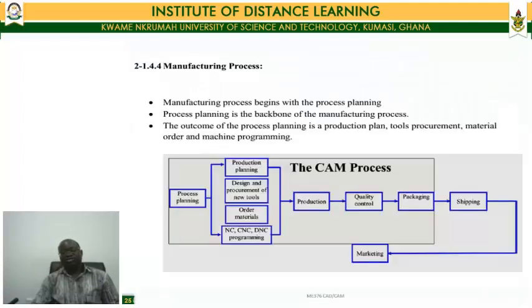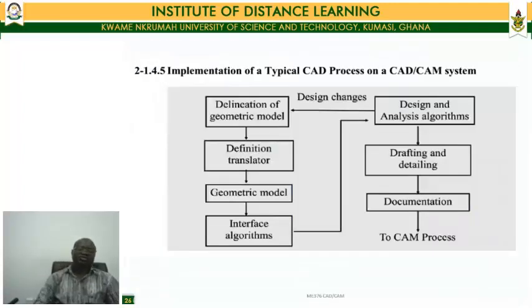Okay, so the next part that we are going to look at is the implementation of a typical CAD process on a CAD/CAM system. So we're just going to look at, if you take a CAD process, what is involved in a CAD process? And then what do we finally get from a CAD process, which is then fed to a CAM process?